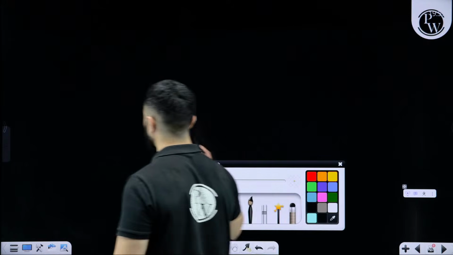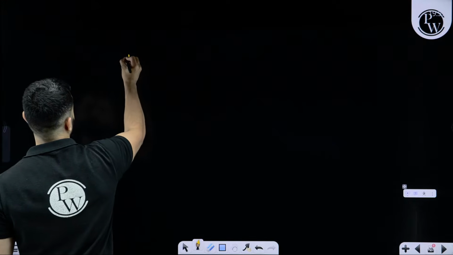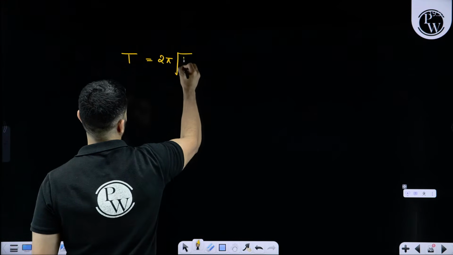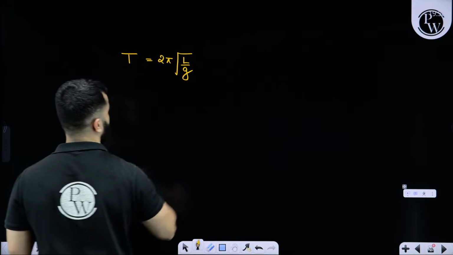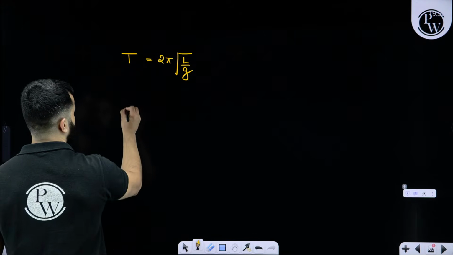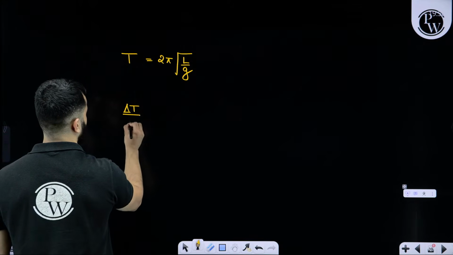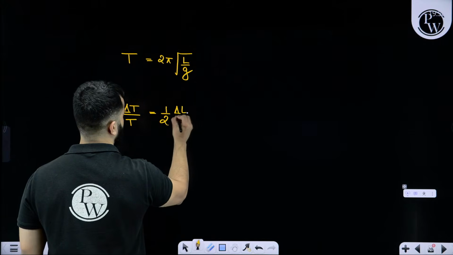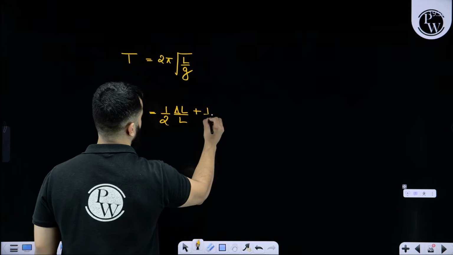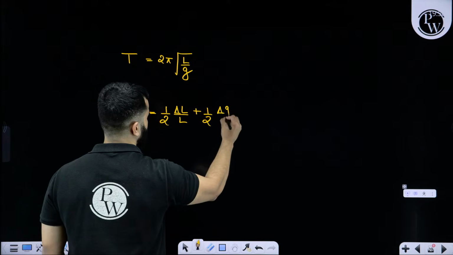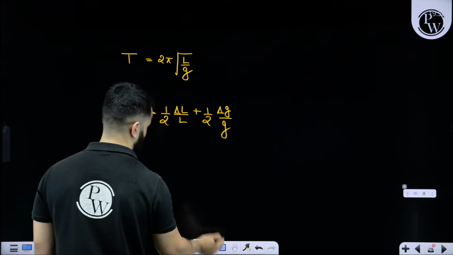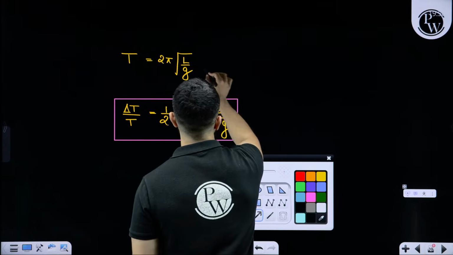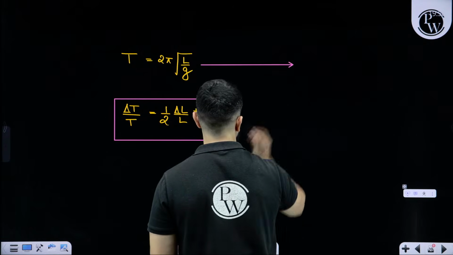We can discuss some more problems, for example T equals 2 pi under root L by G. Here, delta T upon T will be equal to 1 upon 2 delta L upon L plus 1 upon 2 delta G upon G. This is one of the formulas. Let's suppose we want to rewrite this formula in terms of gravity.